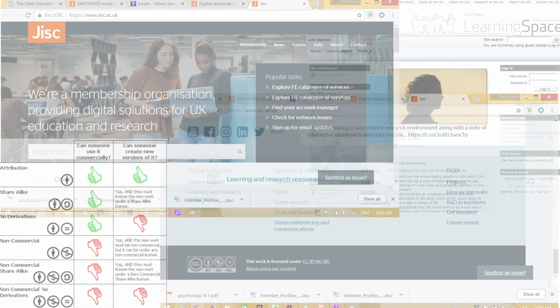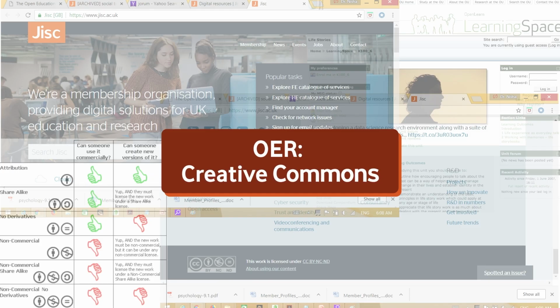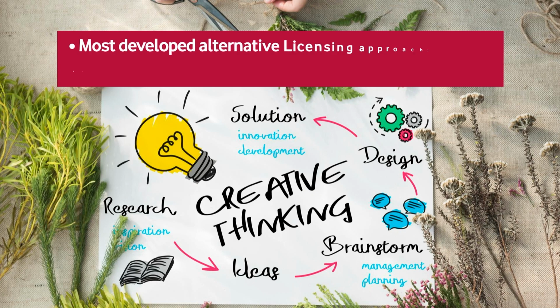Creative Commons is called an OER licensing, the most developed alternative licensing approach. This was declared by Lawrence Lessig, who declared it as Creative Commons.